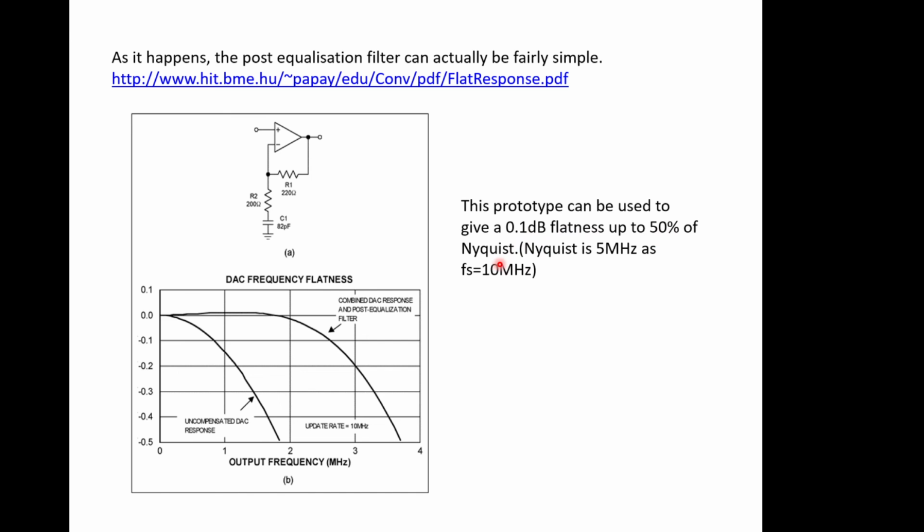So as long as we operate at 50% of the Nyquist frequency, then a simple output filter like this can give us a nice flat response up to that range. So this is the useful range of our band, where if we didn't do any of this, we'd end up with this response coming out of our DAC system.